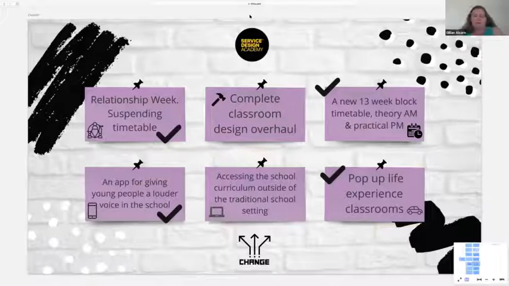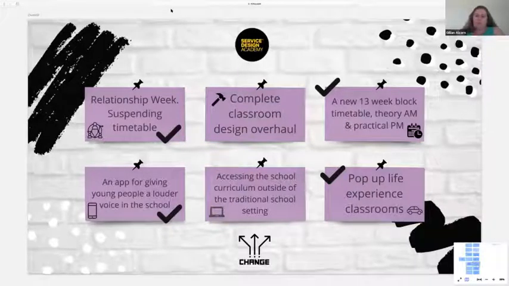So it's kind of a double-edged sword, I guess, so that they can maybe keep going once they've developed that relationship with either someone outside school or staff in school. So that one certainly has just had to be postponed because of COVID, but is there in principle.